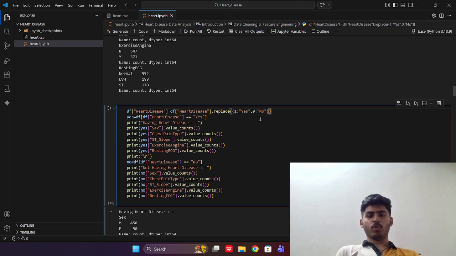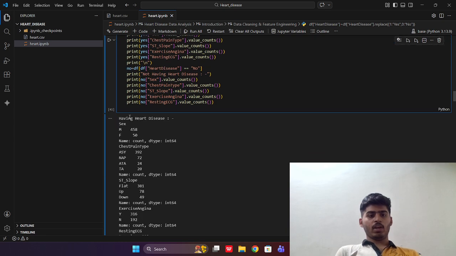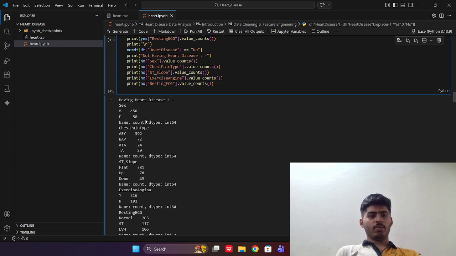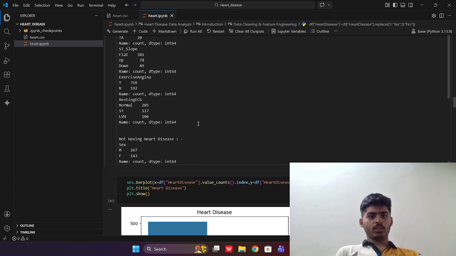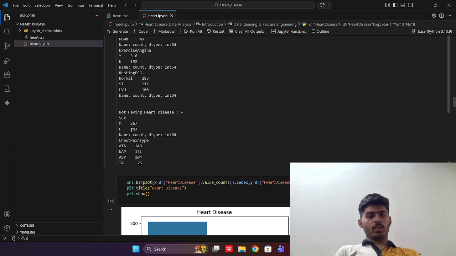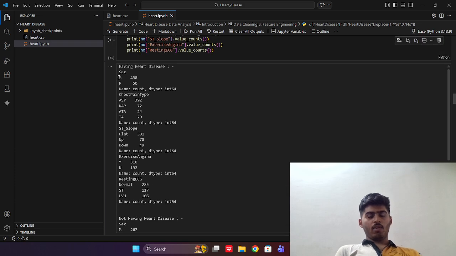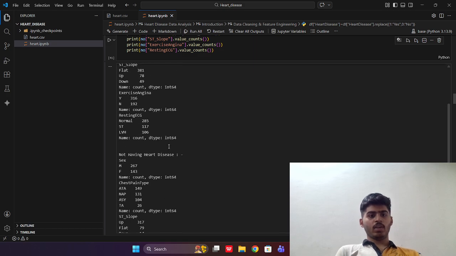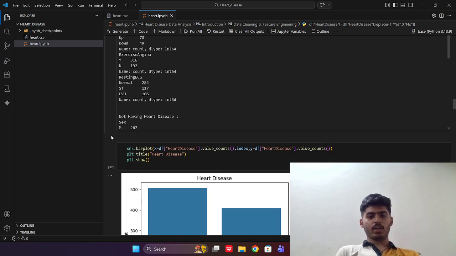So to make it more readable, I have replaced 1 with yes and 0 with no, and then divided it into two different data frames. Now you can see that out of the people having heart disease, 458 were men and 50 were female, and out of the people not having heart disease, 267 were male and 143 were female, and out of the people having heart disease, 392 were having ASY type of chest pain. So now you can easily differentiate the data of the people having and not having heart disease.